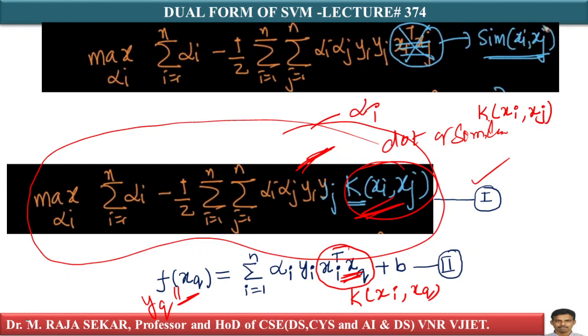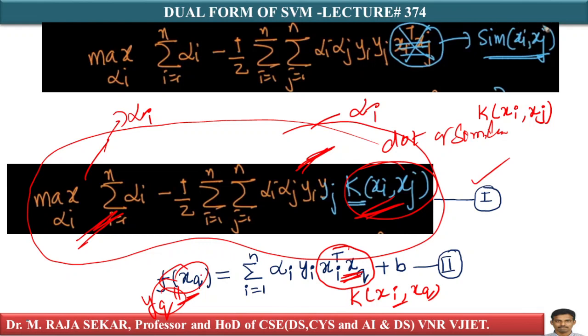Solve this optimization problem. If you solve this optimization problem, what will you get? I will get alpha i's. When I get my alpha i's, even at runtime, at evaluation time, when somebody gives me xq and tells me to find the corresponding f of xq, that is yq, xi transpose xq is replaced by k of xi comma xq.